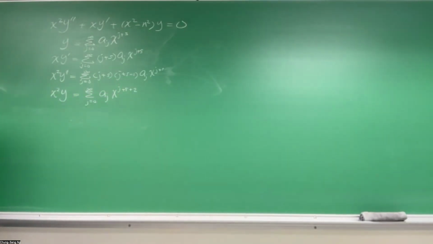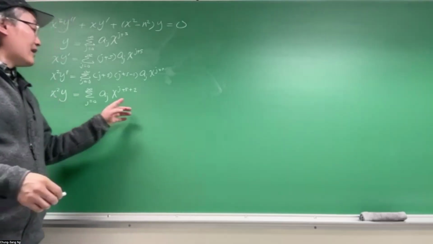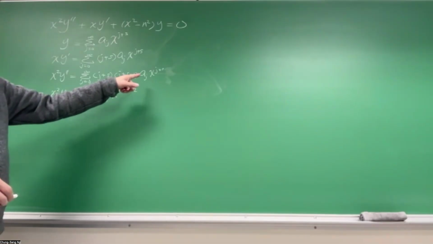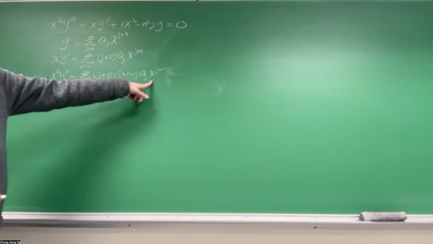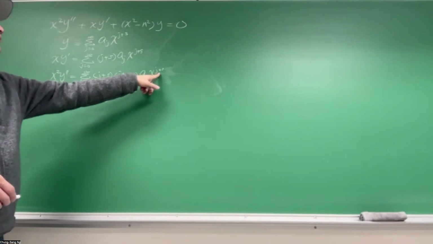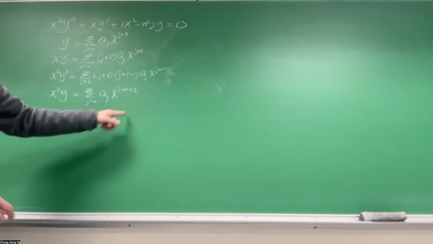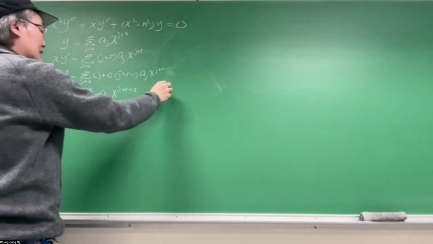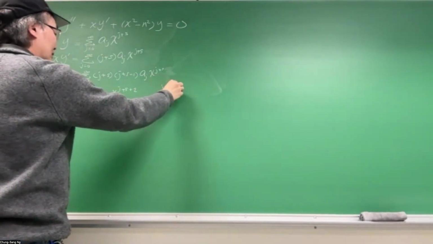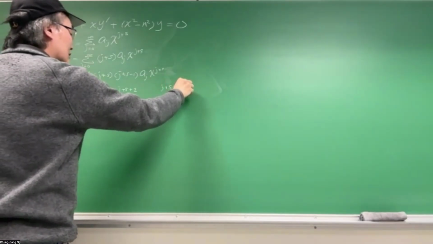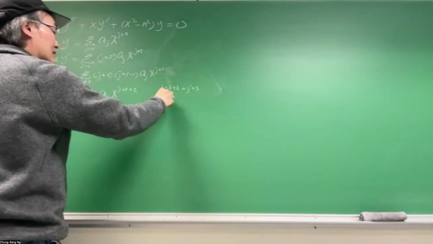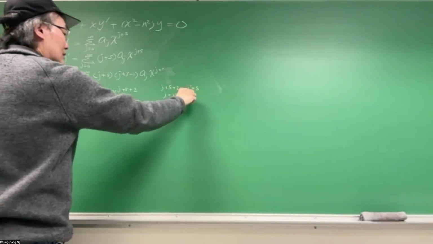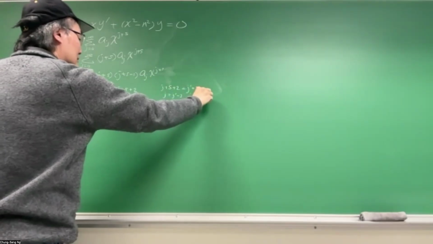And now if you follow my method, I would want to shift the index j so that this also has the same form, x to the power of j plus s. To do that, I call that j prime plus s. Using my method, j plus 2 is j prime, so j is j prime minus 2, or j prime is j plus 2.